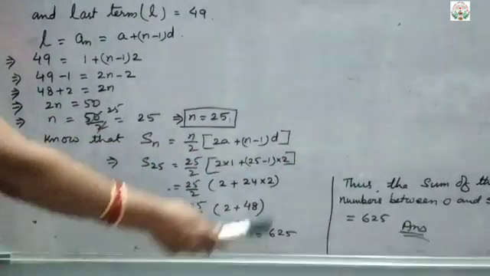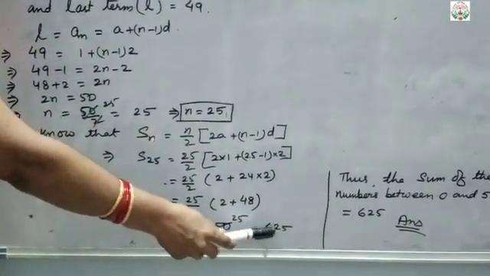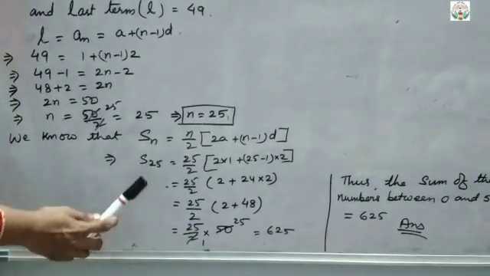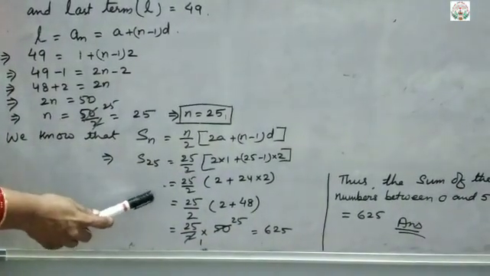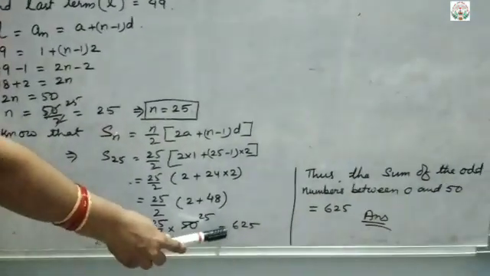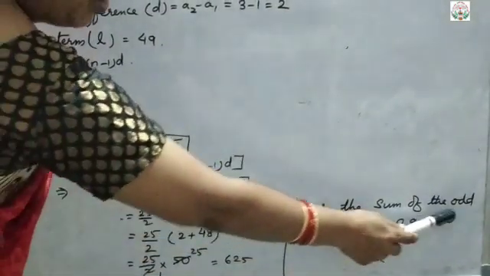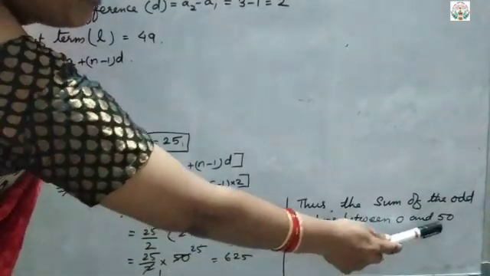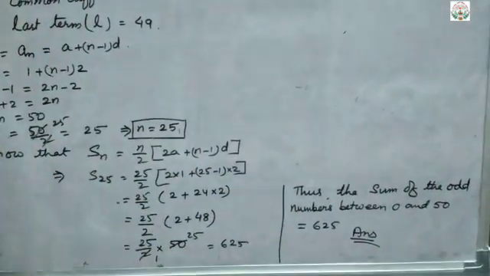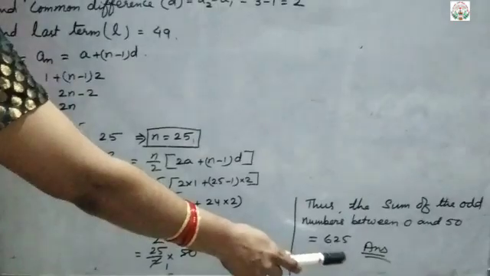Now on simplifying this, what did we get? 625. So the sum of the first 25 odd numbers equals 625. Thus the sum of odd numbers between 0 and 50 equals 625. So that is the answer.